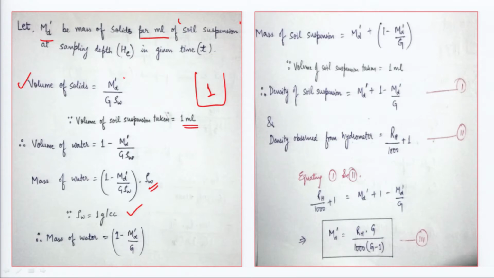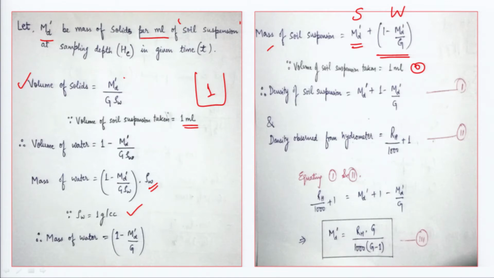Now understand here, next step, the mass of soil suspension is MD dash plus 1 minus MD dash by G, that is the solid portion and the water portion. So here we have taken the volume of the soil suspension as what? 1 ml. So, very simple thing, density is equal to mass upon volume.